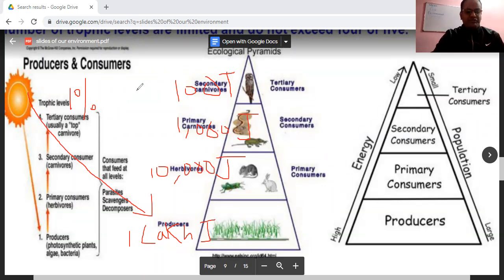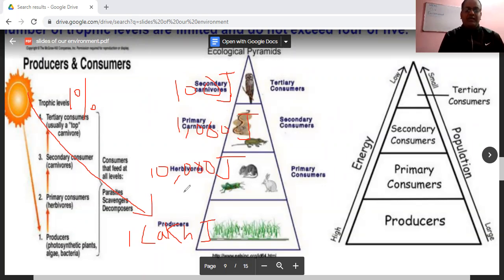And when it captures 1% of the energy, suppose this is making 1 lakh joule of energy, 10% of 1 lakh, 10,000, goes to the primary consumer, 10% of 10,000, that is 1,000, goes to the secondary consumer, and 10% of 1,000, that is 100 joule, goes to the tertiary consumer. So this is called the Lindemann's 10% law of flow of energy in an ecosystem.